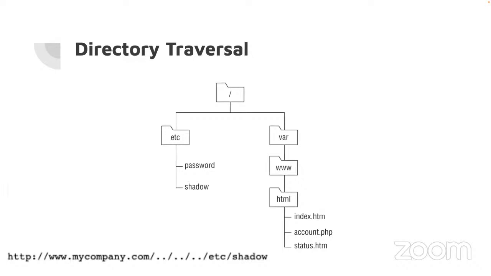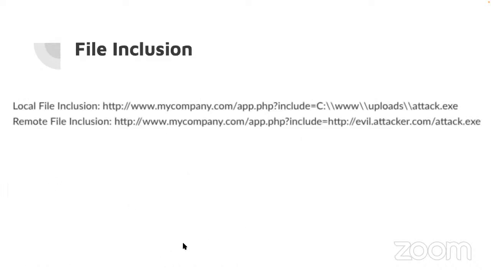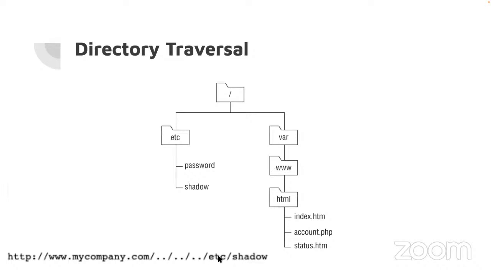So in this example of going to mycompany.com, if it allows us to add this, then we are able to get to the etc shadow file on that server and be able to read it, extract that information, go crack passwords, and now we have our way in.